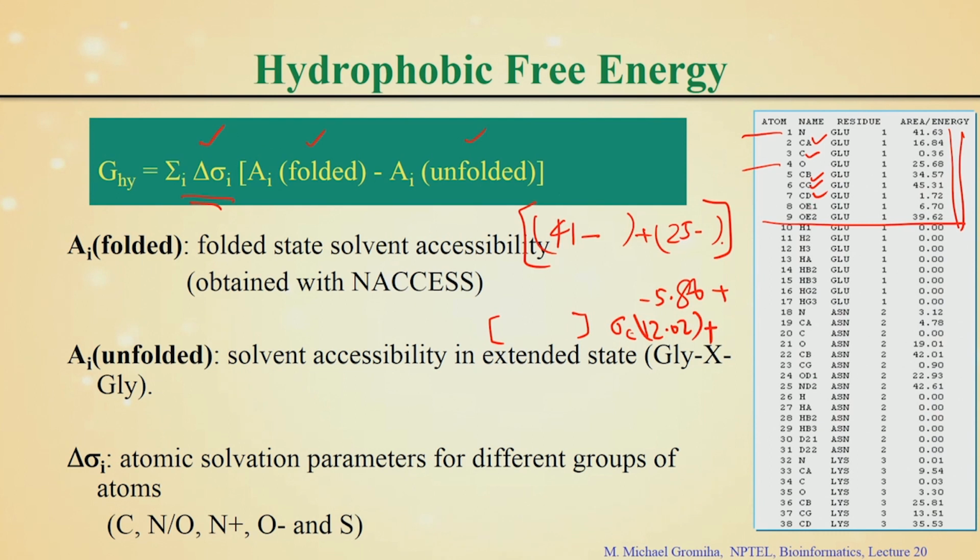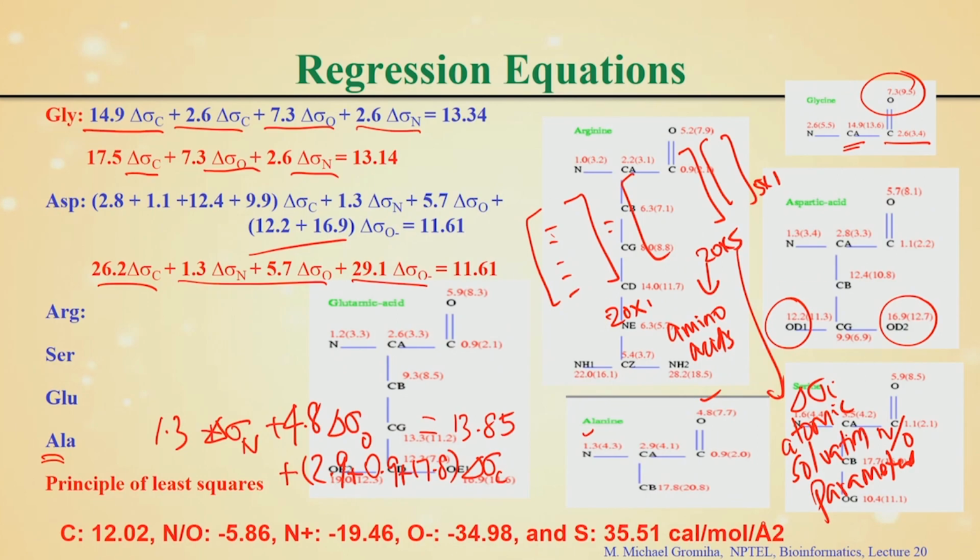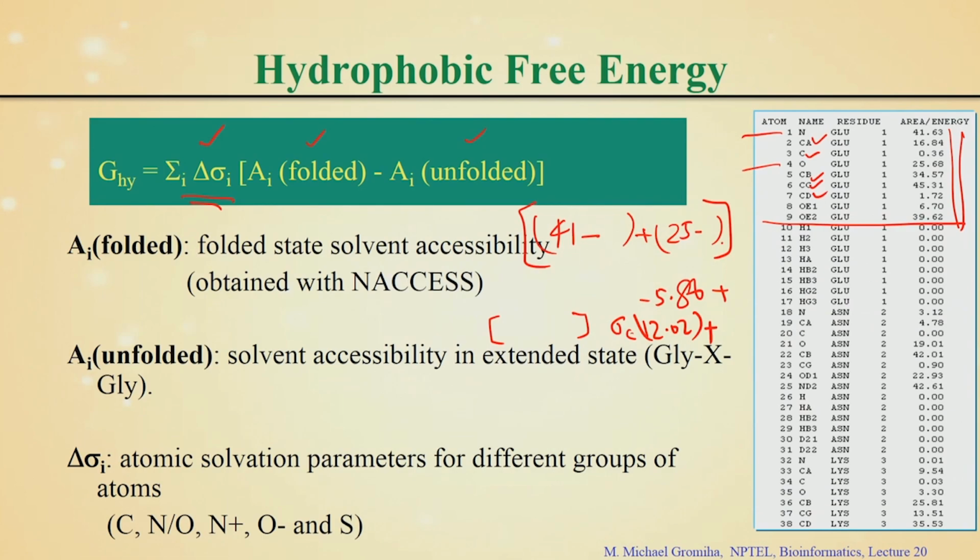Plus you can go for this O1 and O2. In this case the value is minus 34.98, and you can see the delta ASA of O minus. So we need the data from the folded states, and for all the 20 residues you have the data in the unfolded state.